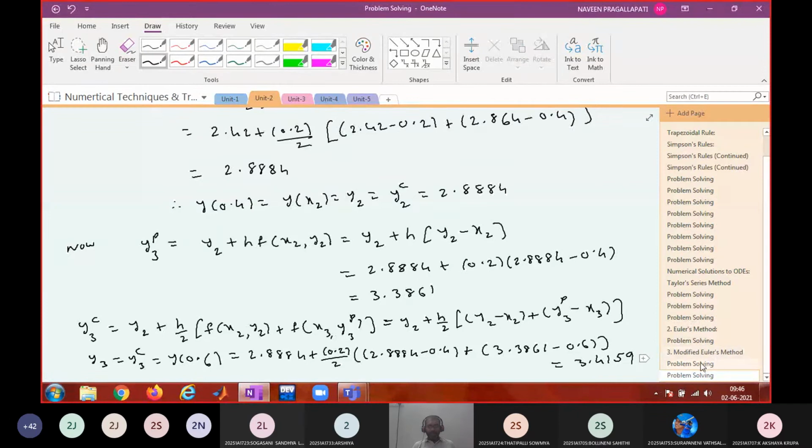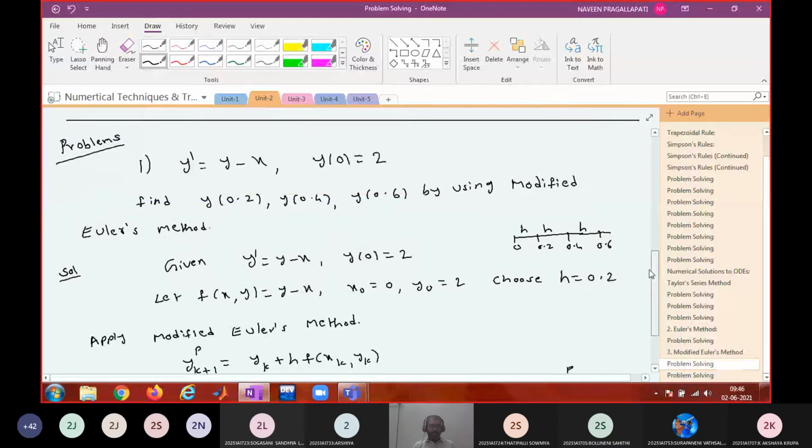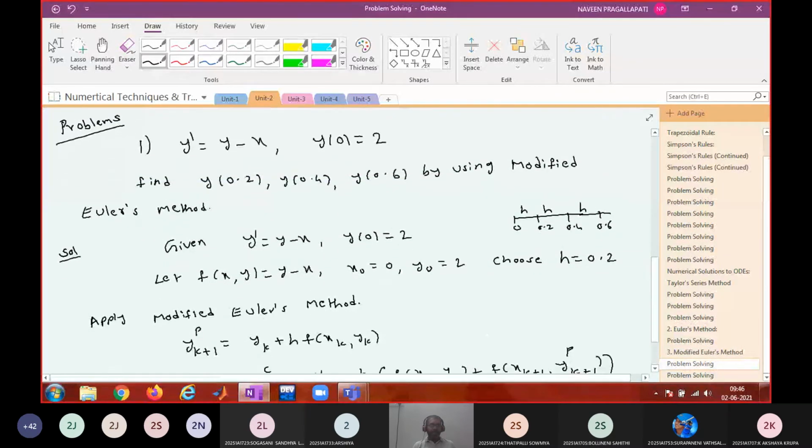Okay. Suppose in the problem, you're asked to compare with the exact results. So let me add here: also compare with the true values.